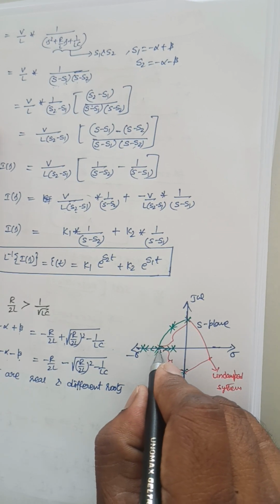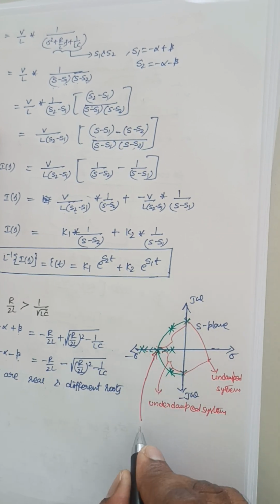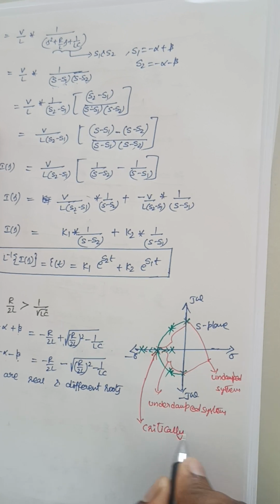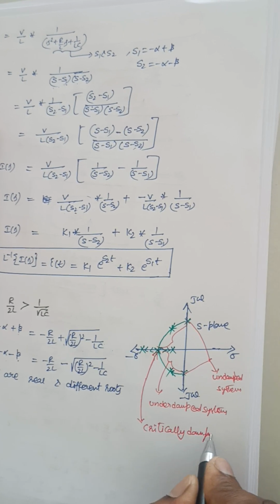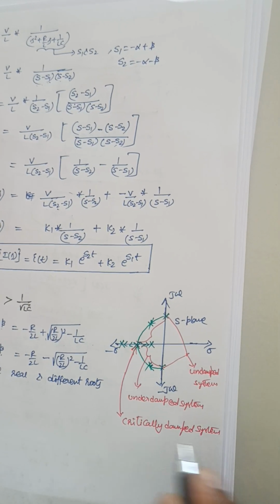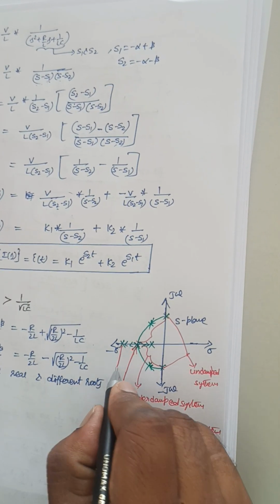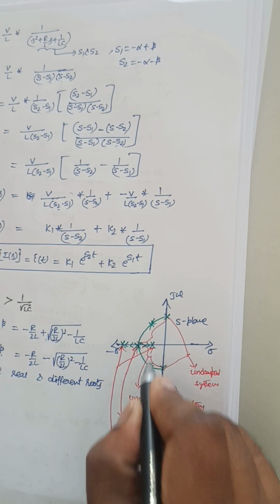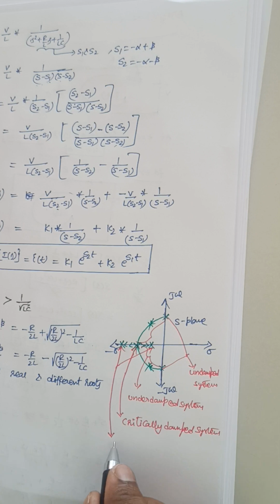If the two roots are here, then that is a critically damped system. If the two roots are present on the negative real axis and are different, then that is an overdamped system.